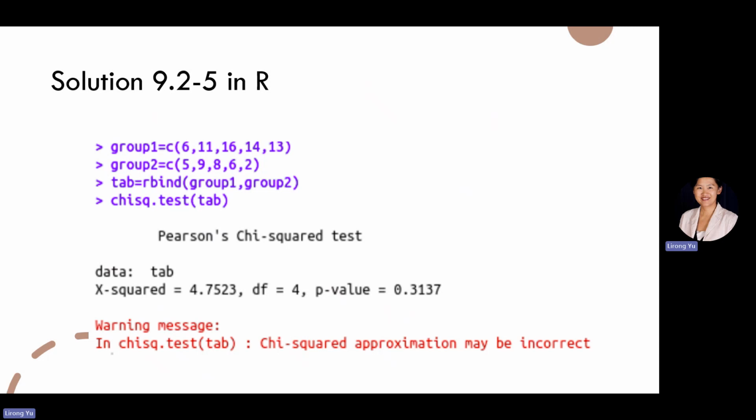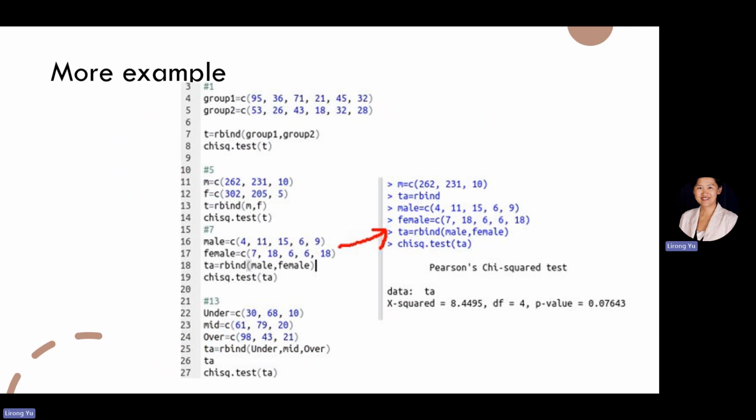So if all those numbers in the table are higher than 5, we will not see the warning. When the sample size or the number of successes or failures gets too small, we worry that the central limit theorem may not apply. That's the reason we get the warning sign.